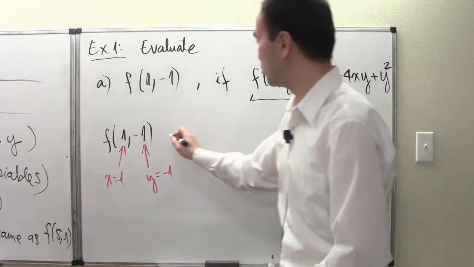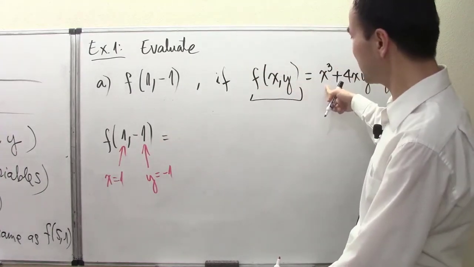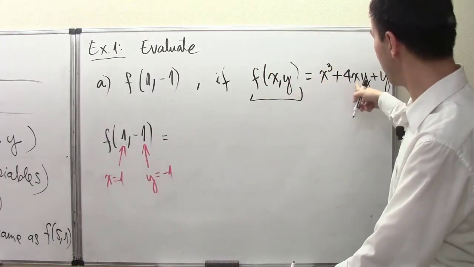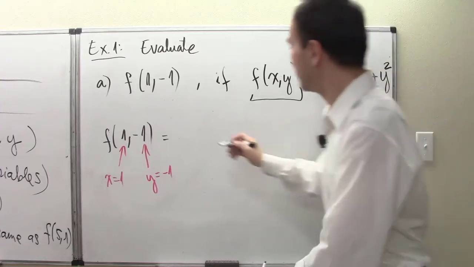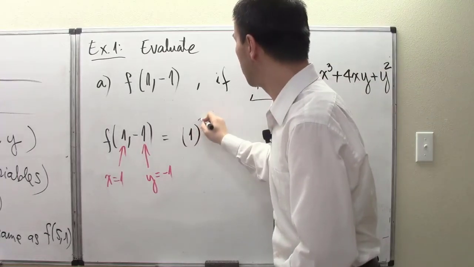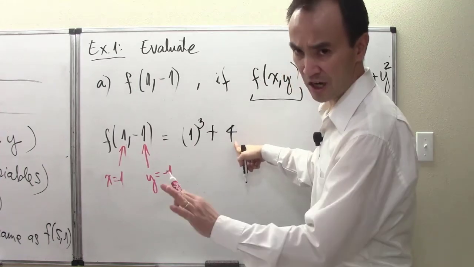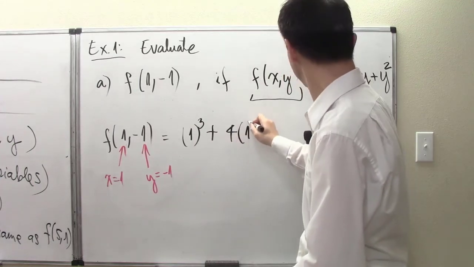So now the rule says we substitute x equals 1 for any place where we see the x variable here. So I'm looking at 1 cubed plus 4 times, so 4 is a coefficient assigned in a function, 4 times 1 for x.